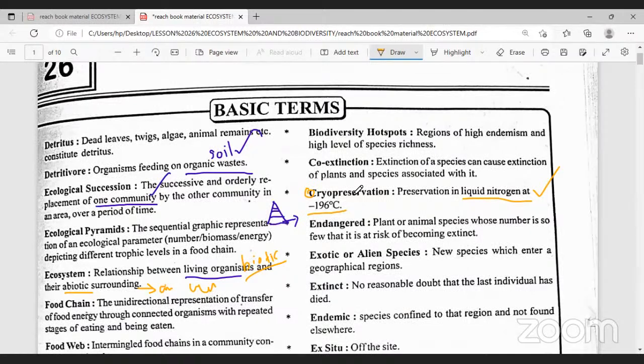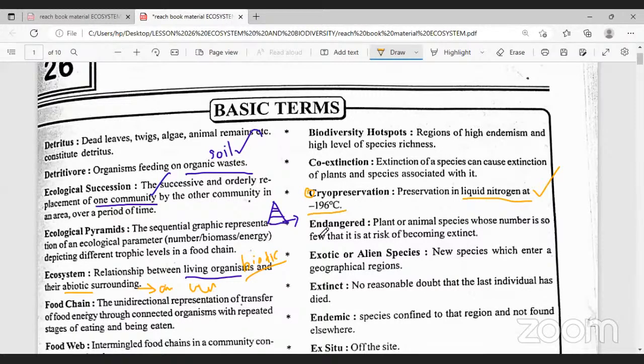When you use this method, we can store for a long, prolonged period. It may be sperms or eggs or anthers or archegonium or whatever it may be. Take an example, pollen grains also. It is very, very important.